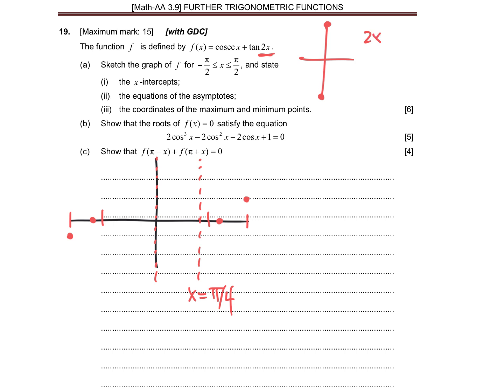So you're going to have 2x equals pi over 2, or 2x equals negative pi over 2. So that's why it's pi over 4 and negative pi over 4. Okay, so then you've got that this is tending towards that, and this is tending towards that, and I'm going to erase this bit because you shouldn't be outside of your domain.